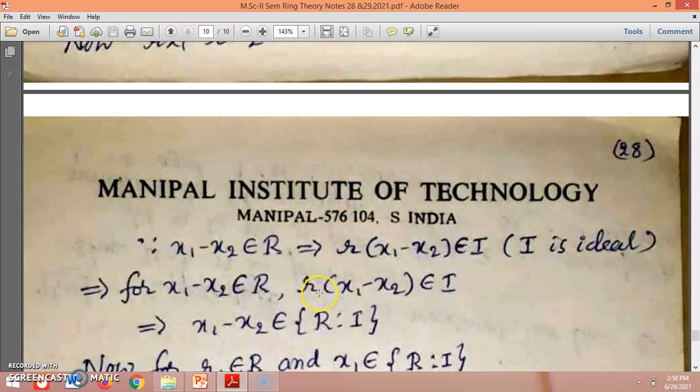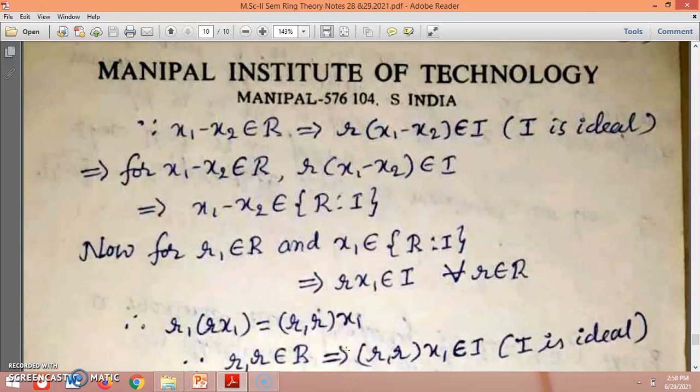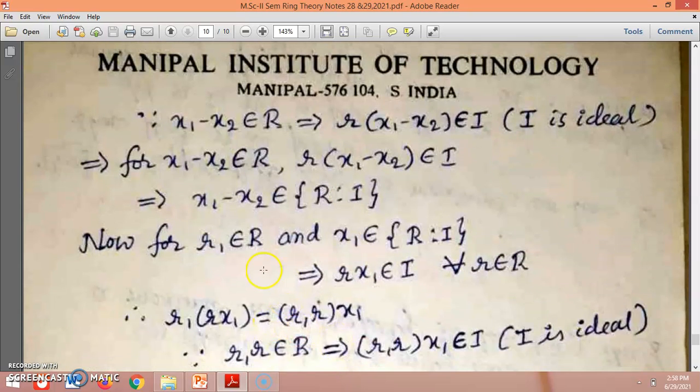That is r into (x1 minus x2) is a member of I. Since x1 minus x2 is a member of R, and r into (x1 minus x2) is a member of I, it implies that x1 minus x2 is a member of R:I, because we have defined R:I as such. Now for r1 a member of R and x1 a member of R:I, rx1 is a member of I for any r belongs to R. Similarly, r1 into rx1 equals r1 into rx1. Because r1 r is a member of R, it implies that r1 into rx1 follows.